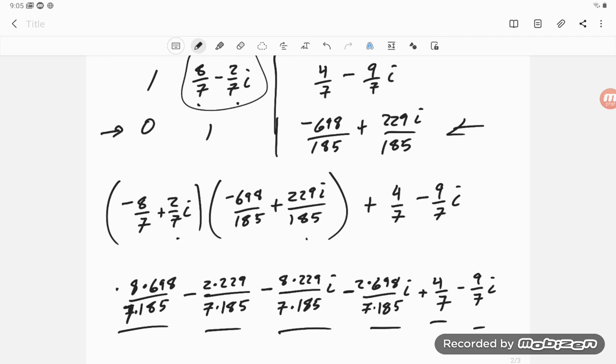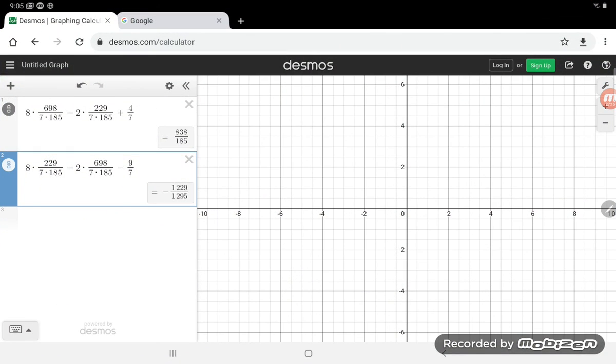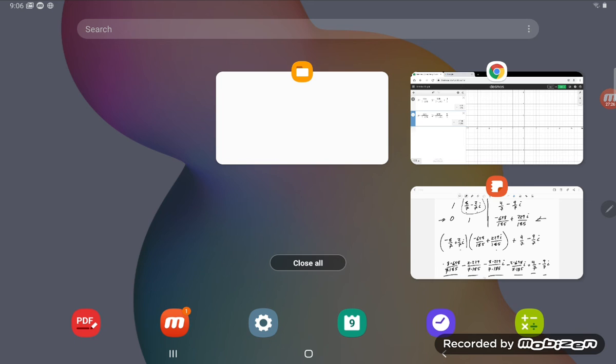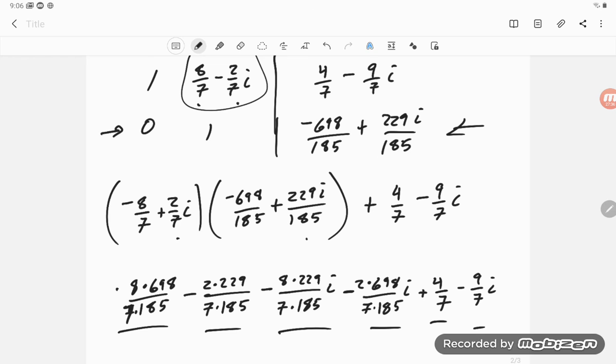Okay, so let me go back to Desmos. And I had an 8 times 229. Oh, I should have a minus 8 times 229. Oops, that's not what I wanted.